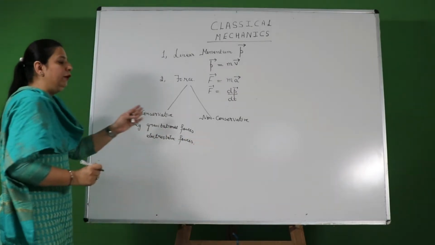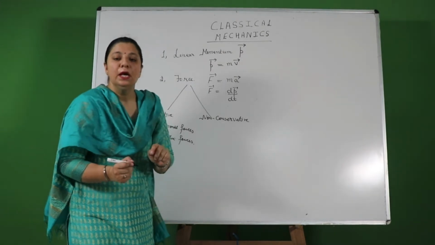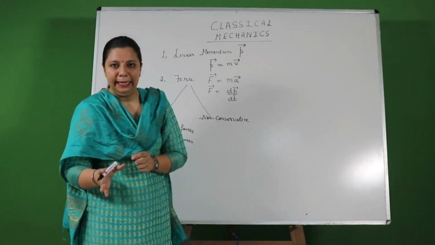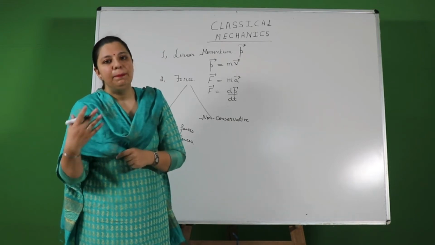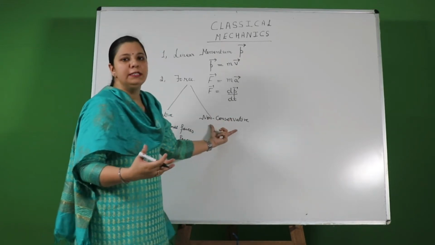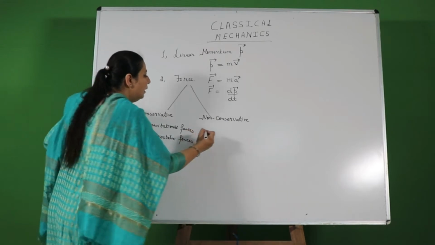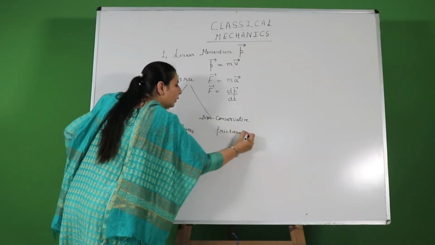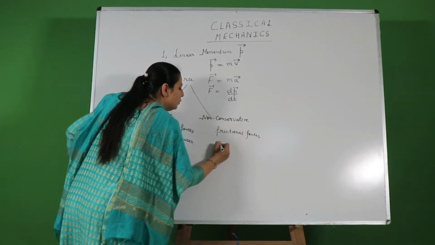On the other hand, what are non-conservative forces? Those forces for which work done depends upon the path taken and changes with the path are called non-conservative forces. For example, frictional forces or dissipative forces.